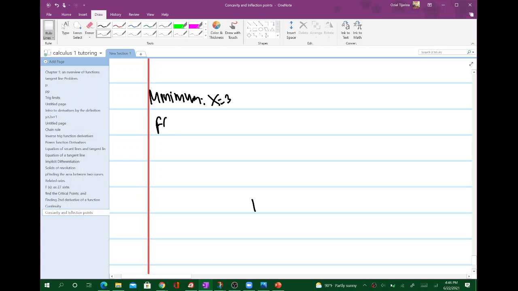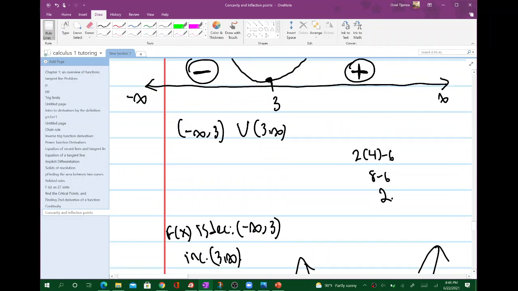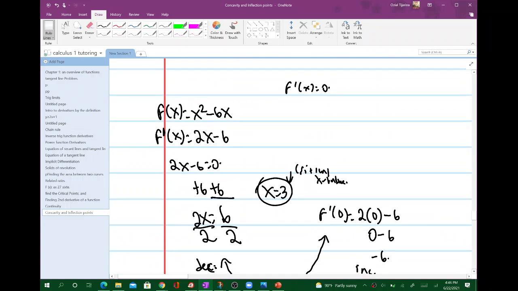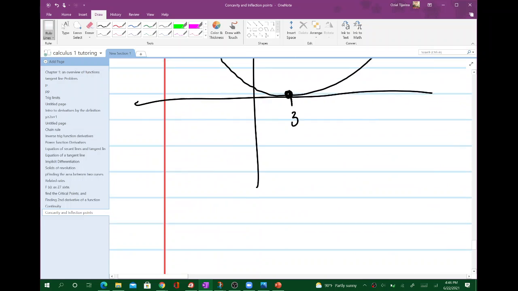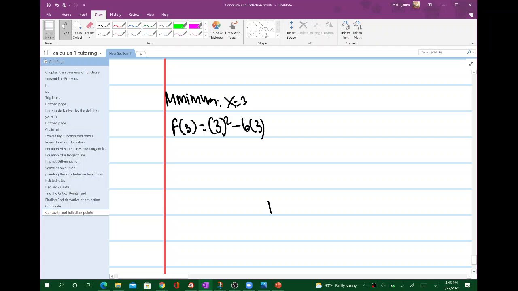And if we evaluate f of x at x equals 3, we have f of x equals x squared minus 6x. So f of 3 is going to be 3 squared minus 6 times 3, right? So then we have 9 minus 18, which is negative 9.